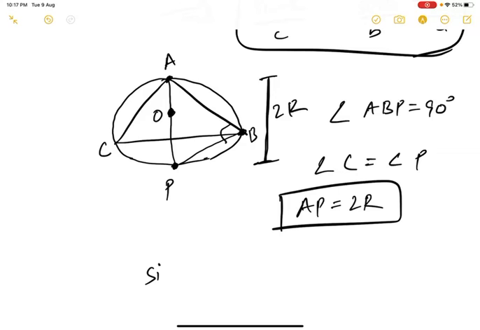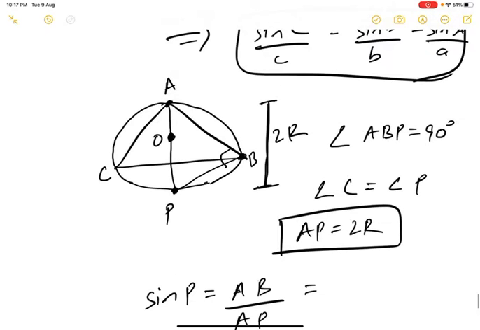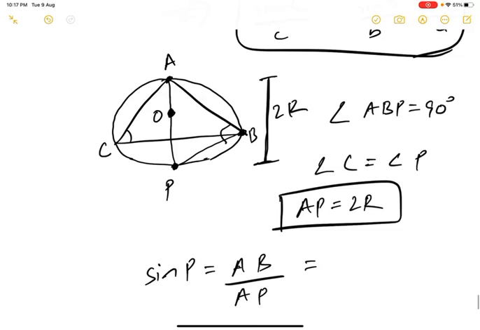Okay, so what is sine of P? Sine of P is just going to be opposite, which is AB, upon hypotenuse, which is AP. But what is AB? AB is the side opposite to angle C, no? Side opposite to angle C is small c. And what is AP? We have written AP is 2R.